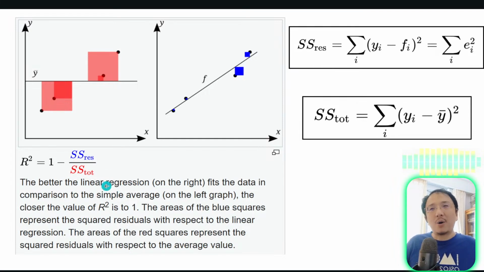So what is the lower bound? What is the minimum? If your model performs as poorly as the baseline, the ratio becomes 1. So 1 minus 1 equals 0. So 0 means in general a very bad, like the worst, score. But the fact is you can perform worse than baseline. Sometimes maybe you're doing something wrong, or maybe for other reasons it does not converge.